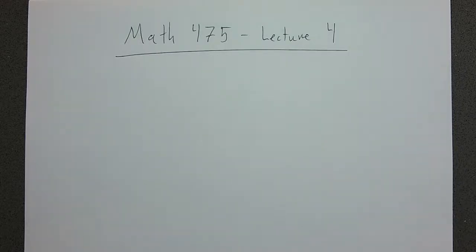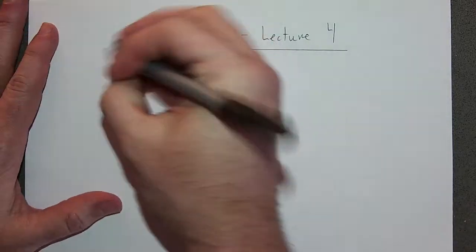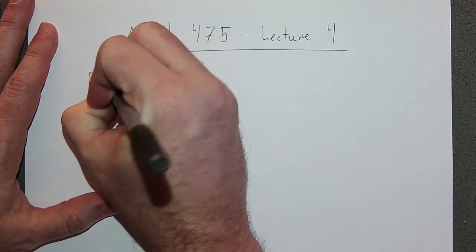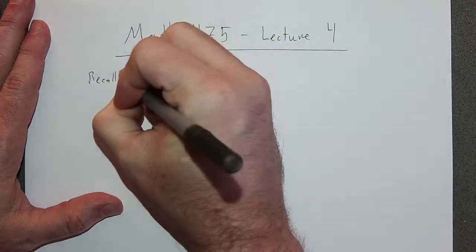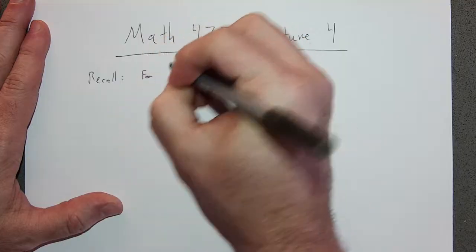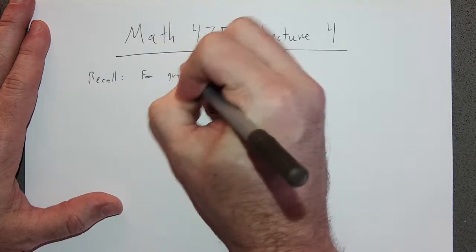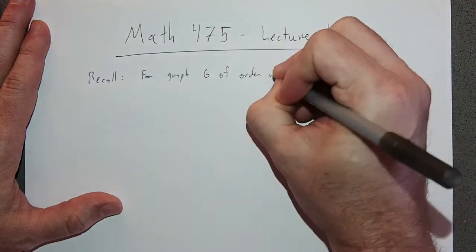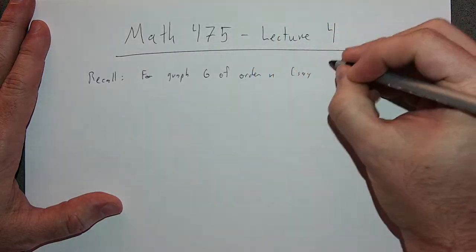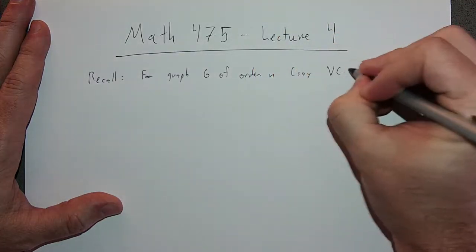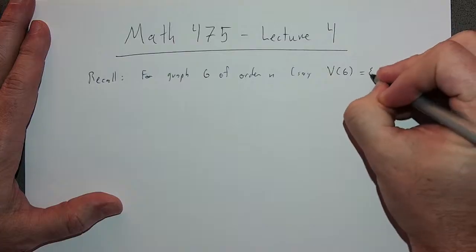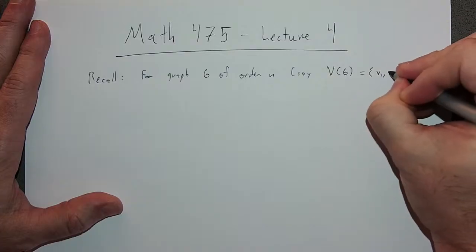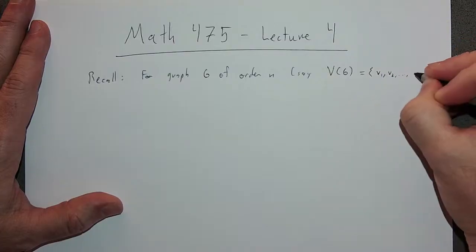So the first thing to note, just recall that for a graph G of order n, say the vertices of G are the set we've labeled V1, V2, and so on out to Vn.